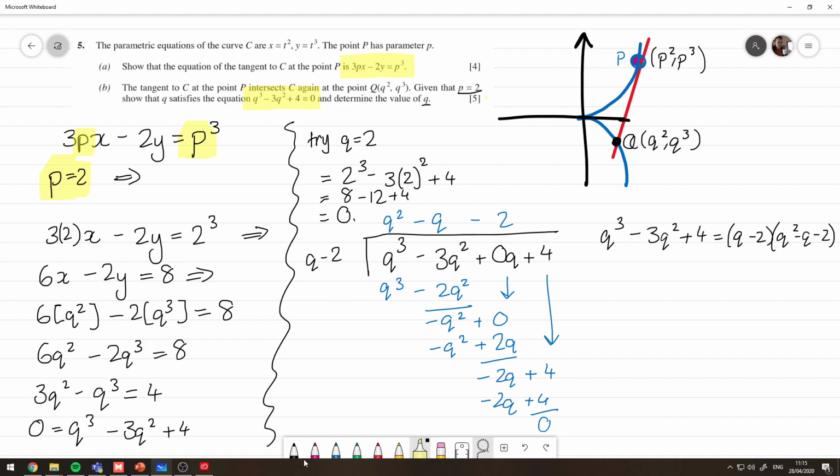And this quadratic that I've just come up with, I think it can factorize a little bit further. I think it's going to be plus 1 and minus 2. Yeah, plus 1, minus 2. So this was the value of p. This is the point up here. This must be the value of q.